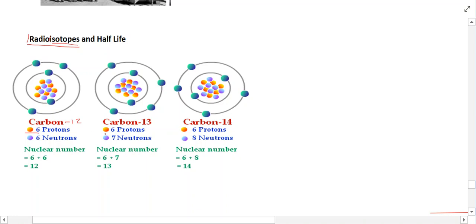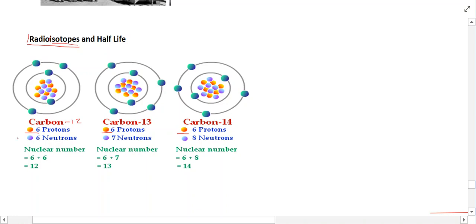So each of these has 6 protons, and because it has 6 protons, it's carbon. If it had more or fewer protons than 6, it would not be carbon, it would be a completely different element. So essentially, the protons define the particular element. In the case of carbon, carbon has 6 protons.